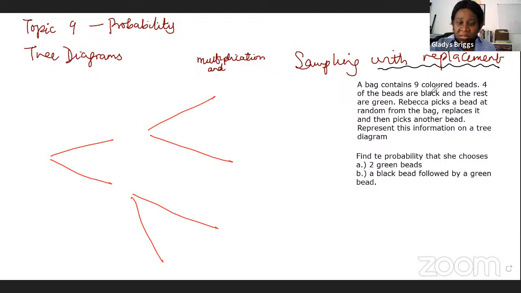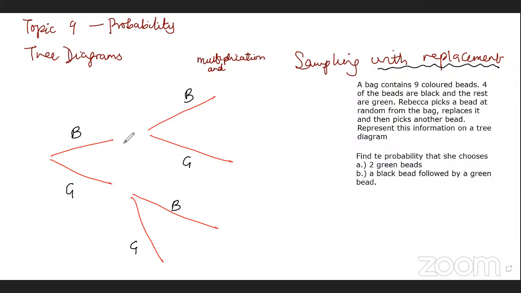So, black, green, black, green, black, green. Okay, so what fraction do I have here? For black, you have 5/9, and for green, you have 4/9.